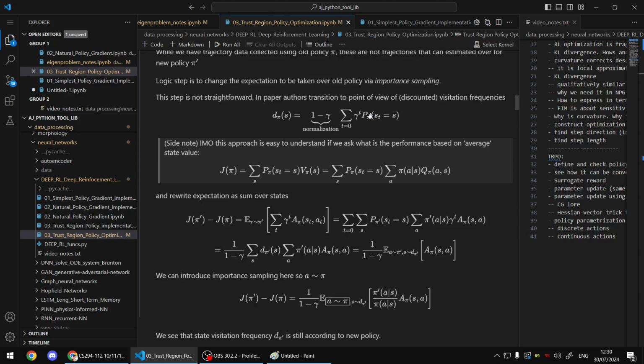What I can understand is to define a metric where we go over all the states and average, depending on how often we encounter them. There's a probability of encountering this particular state using this policy. We can make a weighted average of all the rewards from all the states, right?